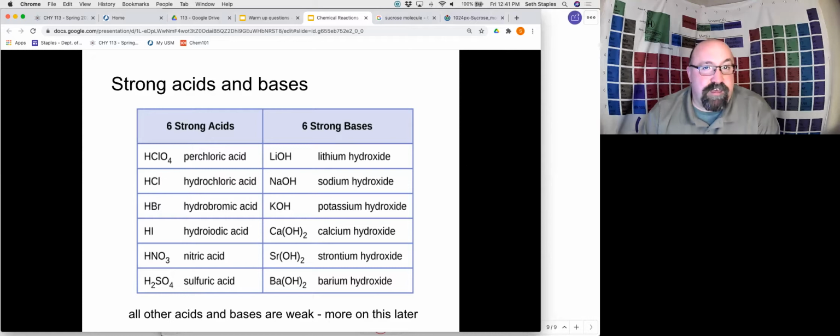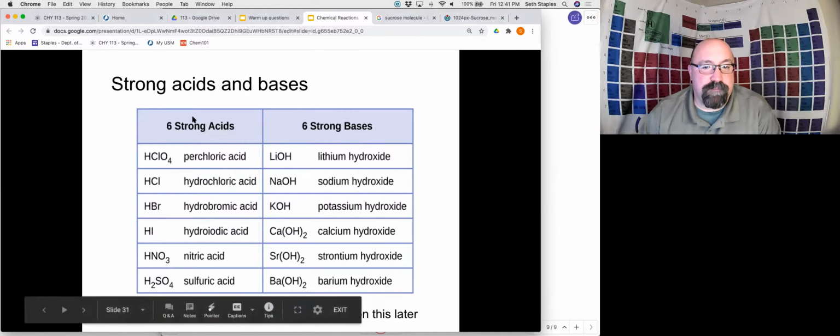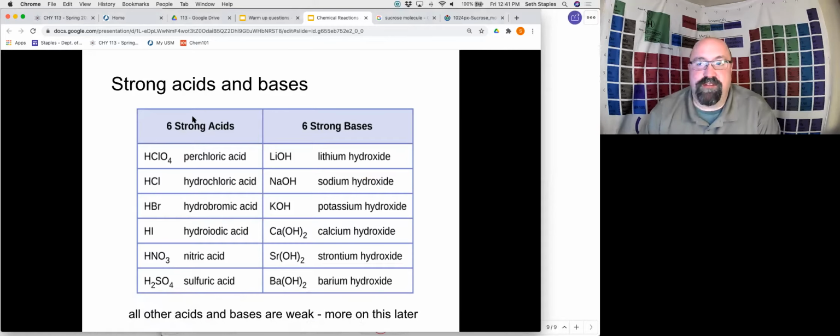The way that you'll differentiate between weak acids and strong acids and weak bases is unfortunately just a little more memorization. There are 6 strong acids and 6 strong bases, all listed here. All other acids and bases are weak, every single one.